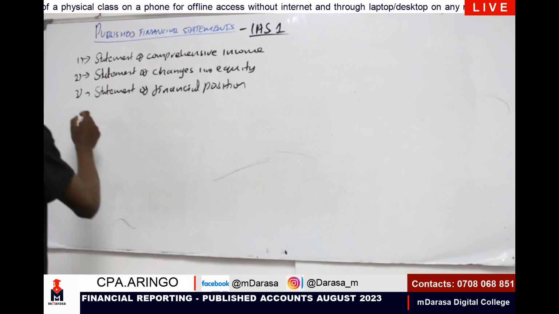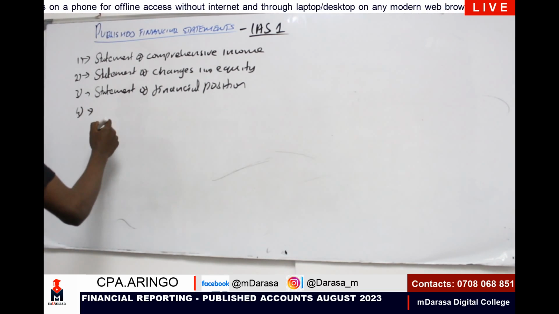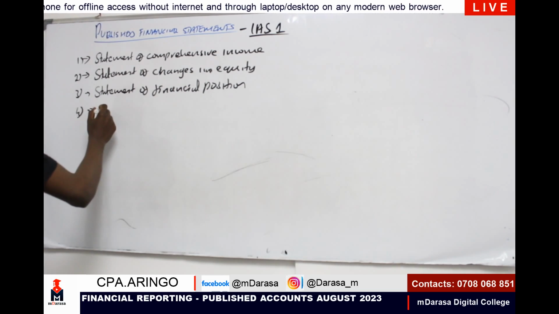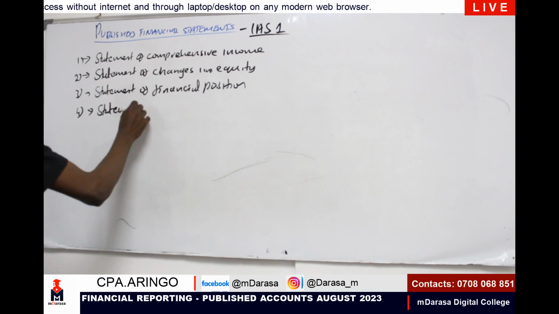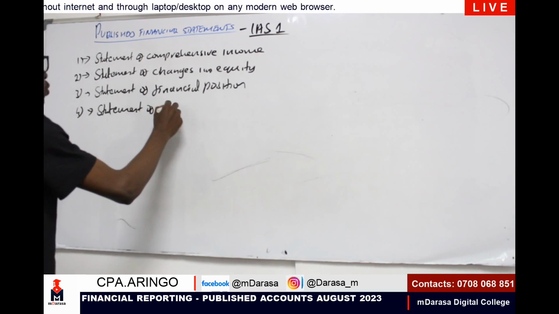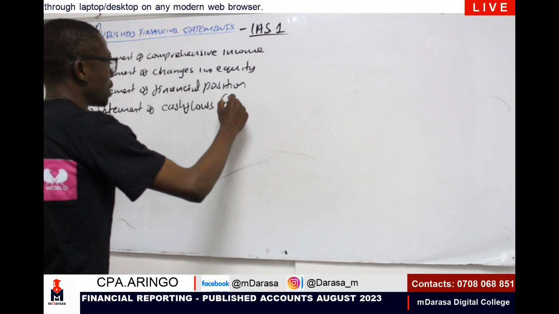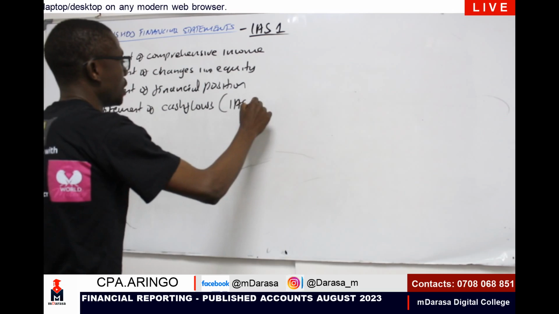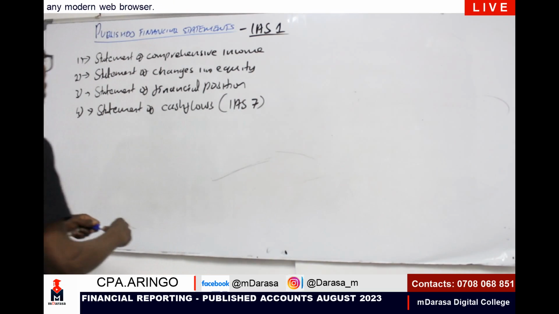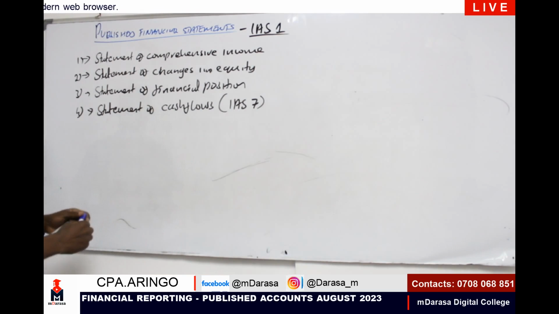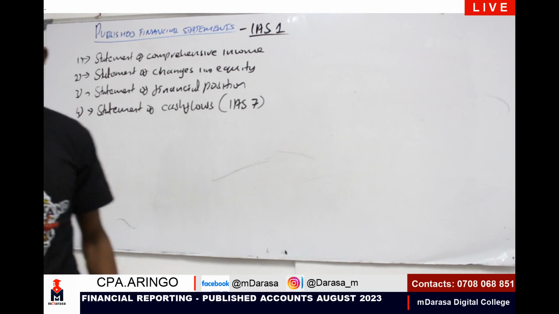Another key item here, my good students, covered under International Accounting Standard number 7, IAS 7, is the statement of cash flows. Then finally, whenever you're preparing your books, you must also know how to give the notes.